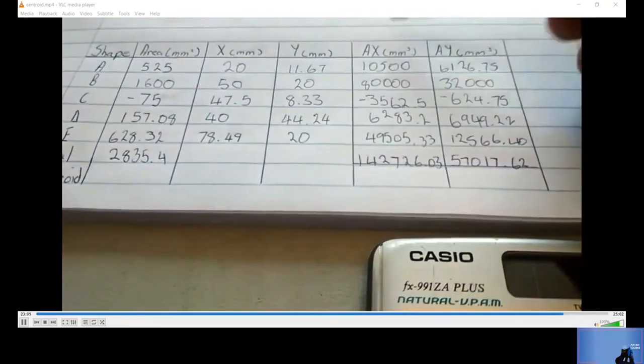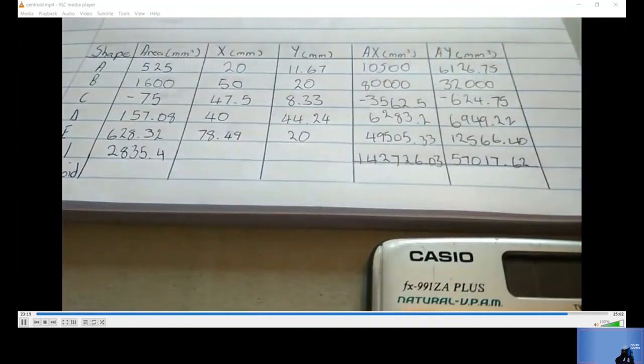Now, to get the actual centroids, we're gonna underline there. We're gonna take this number and divide it by that number. Okay, if you look, you have AX divided by A, then you will be left with X. The A cancels that A and you're left with the X component.